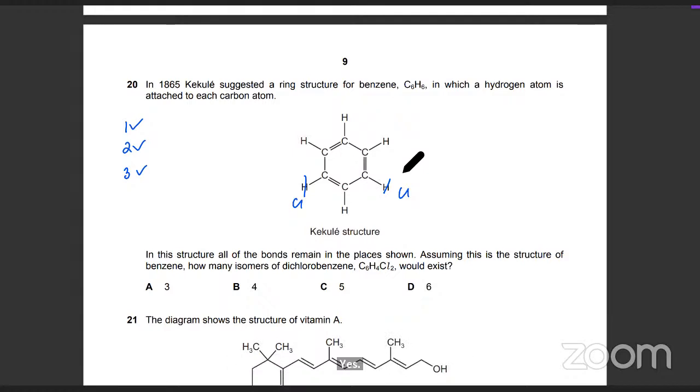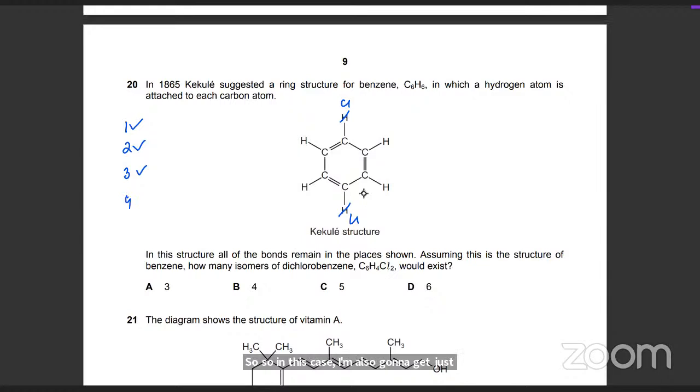So with a gap of 1 carbon atom, you pretty much get a single isomer. Then the next one is, what if I have a gap of 2 carbon atoms? So I've got a Cl on top and a Cl right at the bottom. In this case, I'm also going to get just 1.